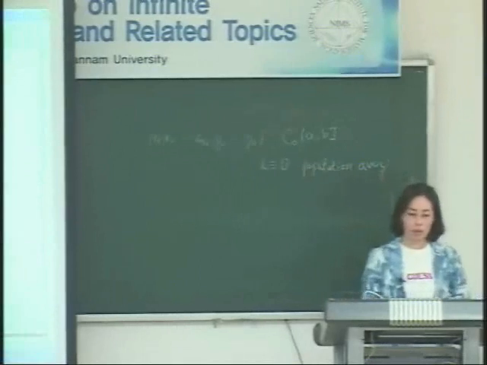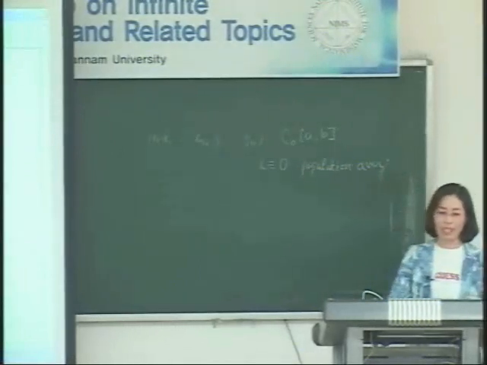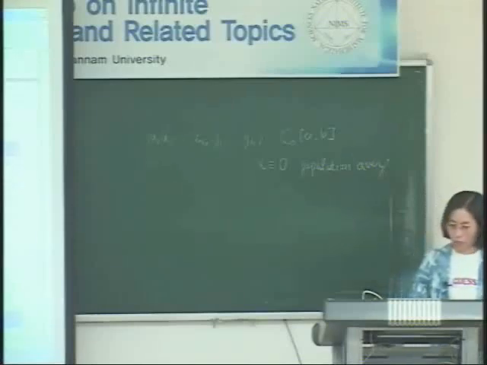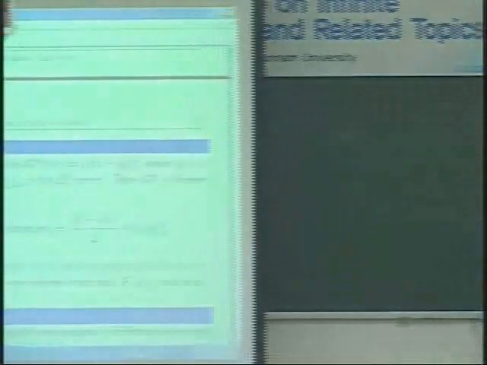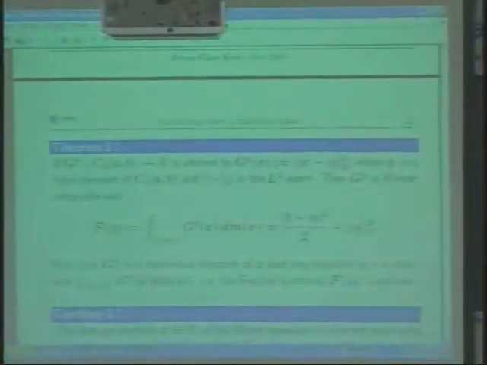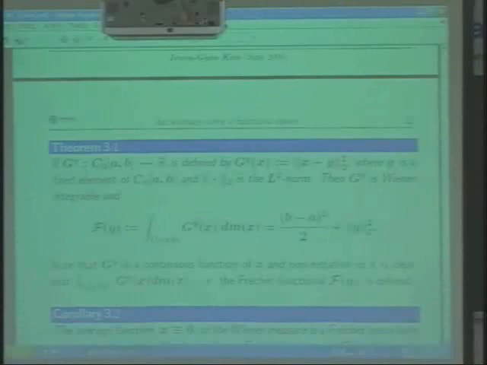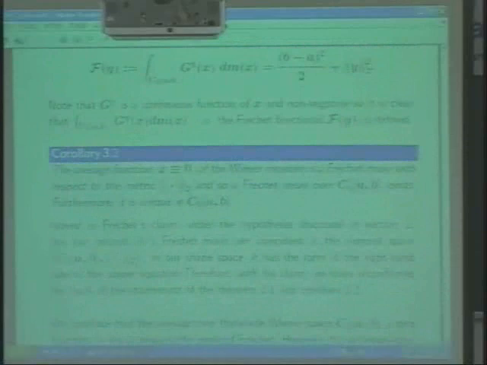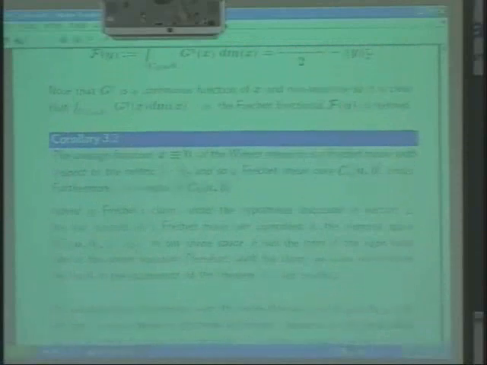So, this population average is discussed in relation with the Fréchet mean. This is my theorem to clarify the relationships. Using that function, we can see our population average is actually a Fréchet mean, the mean in the sense of Fréchet. So, I could convince myself my development is meaningful.